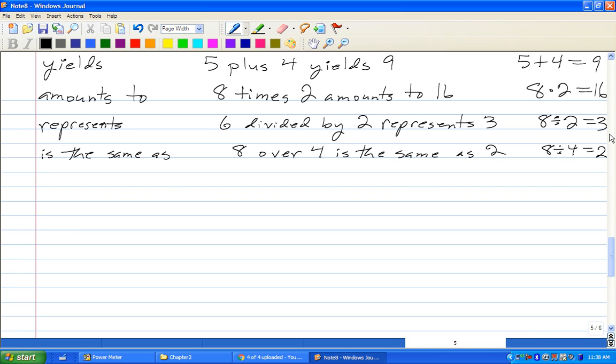How in the world did I say 8 divided by 2 is 3? 6 divided by 2 is equal to 3. Is equal to: 4 is equal to 3 plus 1.